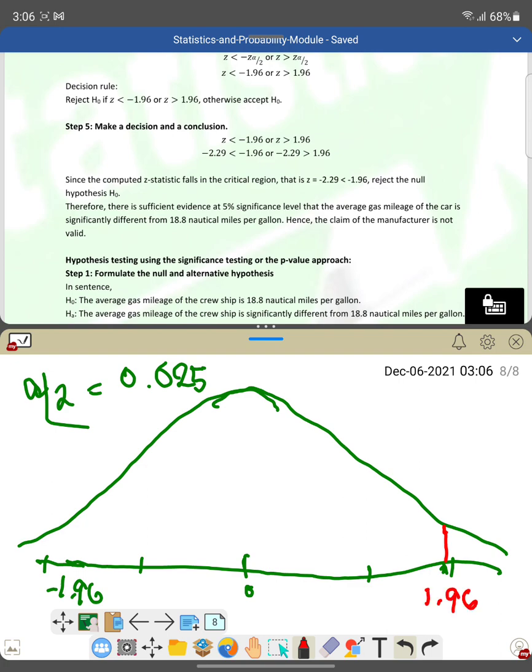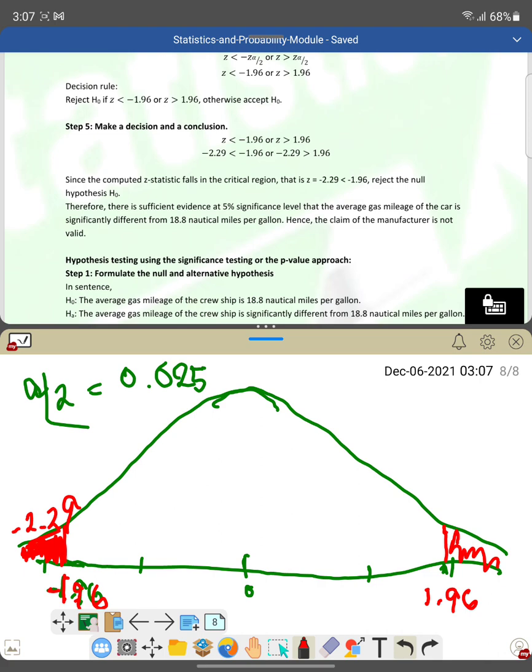So take note, our computed value is negative 2.29. This only means that when we have our critical values, negative 1.96 and positive 1.96, your computed value, negative 2.29, is located at this part. This is where negative 2.29 is located.